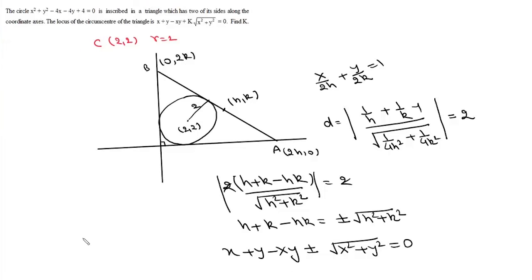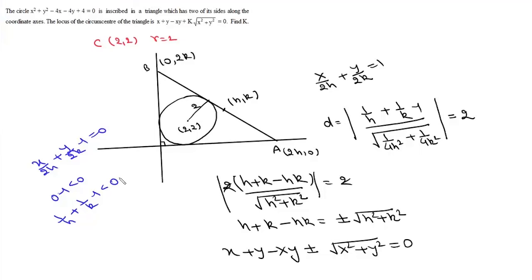Now basically here we are looking for one value of the sign, not two values. Now we look at this equation, which is x upon 2h plus y upon 2k minus 1 equals 0. Then origin and (2, 2) lie on the same side. So for origin this is less than 0, and for (2, 2) it will be 1 upon h plus 1 upon k minus 1, which will be less than 0.